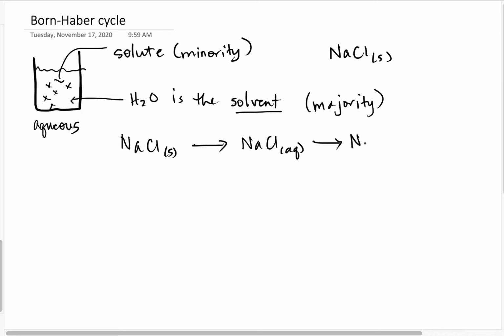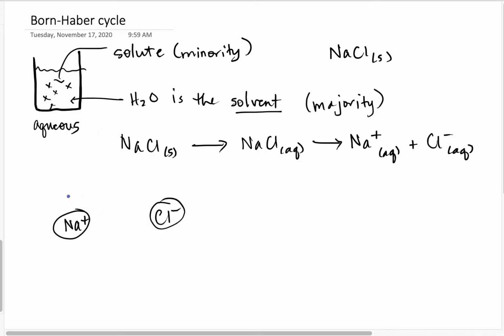But what's really happening is that we have sodium ions and chloride ions that dissociate from each other in the solution. And what those sodium ions and chloride ions are doing in the solution is hanging out with water molecules. This is the definition of what it means to be dissolved.